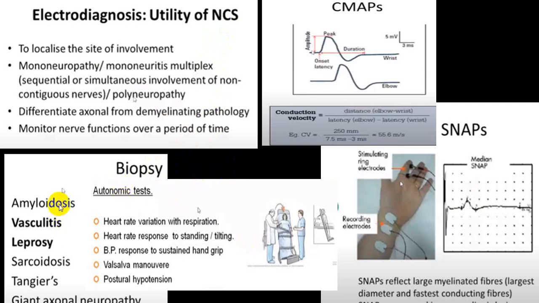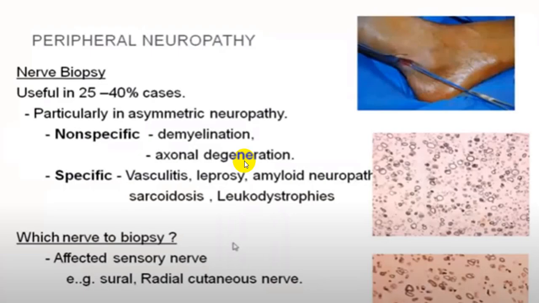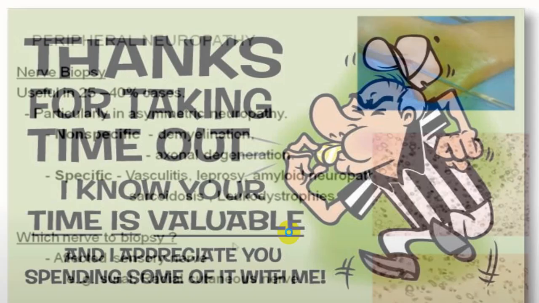Biopsy is very helpful in amyloidosis, vasculitis, leprosy, sarcoidosis, and to identify whether it is a demyelinating or axonal neuropathy, and also in leukodystrophy.